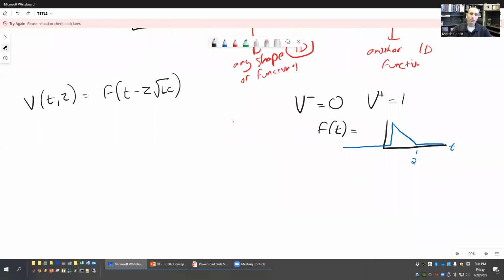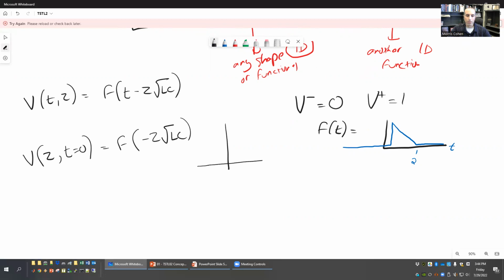All right, so at t equals 0, the voltage at any location z at t equals 0 is going to be equal to f of minus z square root of LC. All right, so that function is going to look like this.